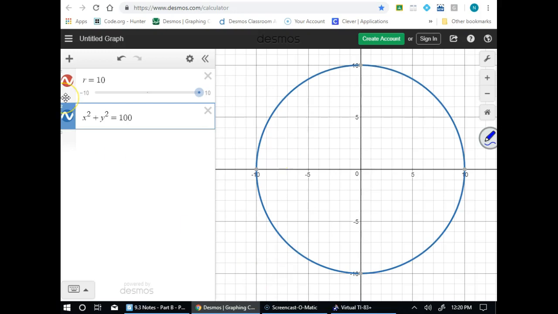So I know that these two are the same. So Desmos can really be helpful whenever you're checking these. And if it's multiple choice, it can really make it pretty easy because you just type in R equals 10, type in all your answer choices, see which ones match, right? I probably am not going to let you use Desmos on every problem, but I will have at least a section of the test that you can use Desmos for.